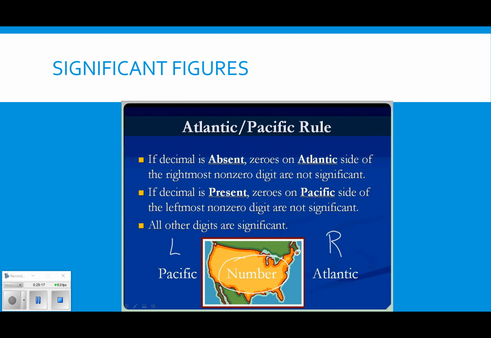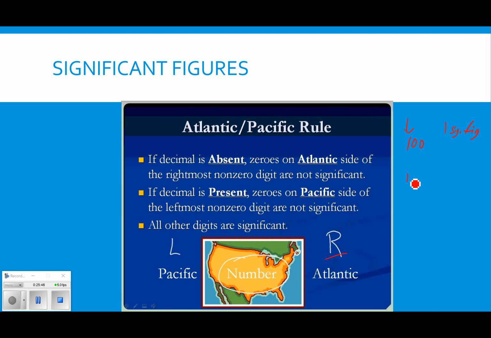If the decimal in a number is absent, let's say we had 100, zeros on the Atlantic side, so on the right side, of the rightmost non-zero digit, in this case the 1, are not significant. So these two zeros would be considered not significant. So in this case, 100 has one significant figure, or one sig fig.